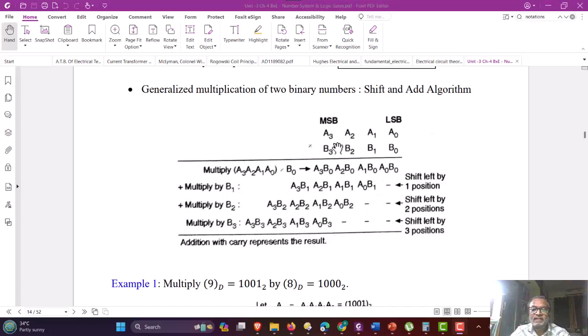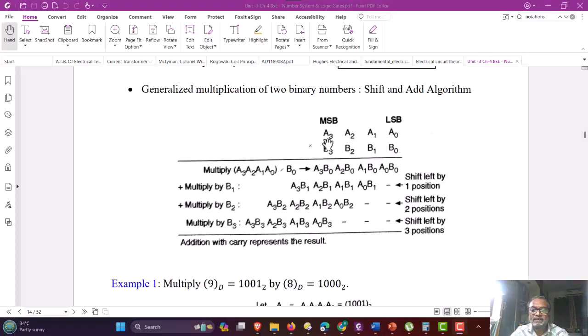Similarly, in the third step, we take B2 and B2 multiplies all these 4 bits. Since B2 is in the third position from the left, we will shift the partial result by 2 positions and write the multiplication generated by B2. Then the last bit B3, we multiply number A by B3.